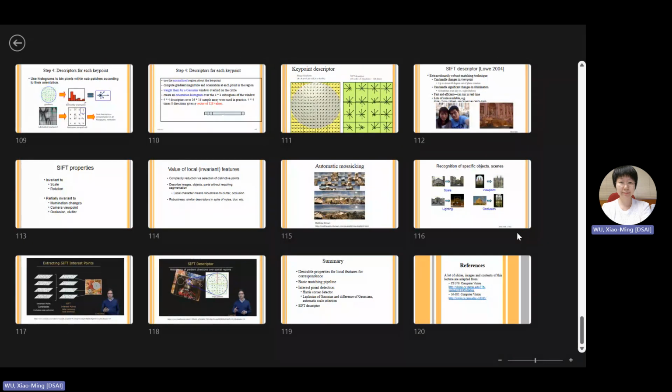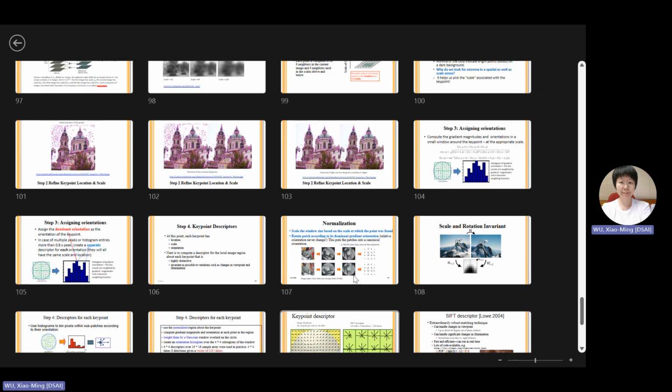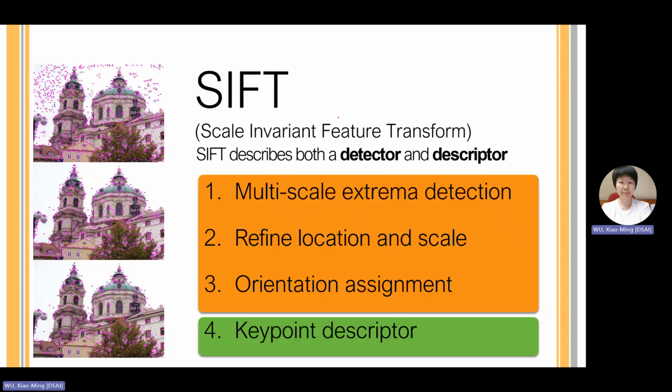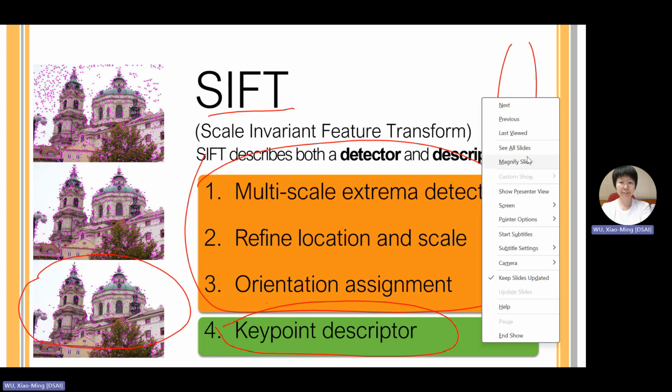Hopefully next week we can cover this chapter, the SIFT detector. This is the detector. You can see it identifies the interesting features, and finally describes each feature using a low dimensional feature vector.